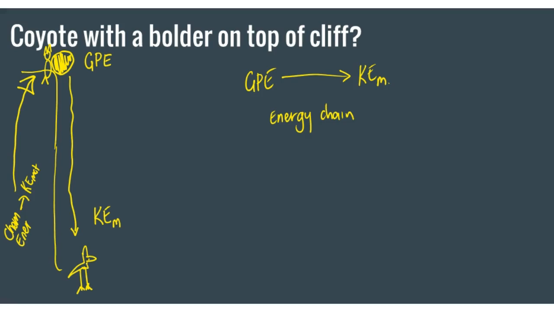He had the chemical potential energy of his food, turned it into kinetic energy of motion to push it up the hill, which then gave it gravitational potential energy to drop on Roadrunner's head. Then he dropped it off the top of the hill, which gave it kinetic energy, motion, again. So now we're getting into a bit more of an energy chain.